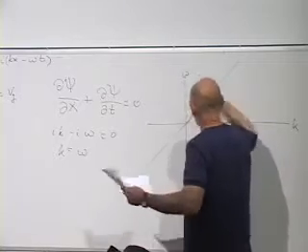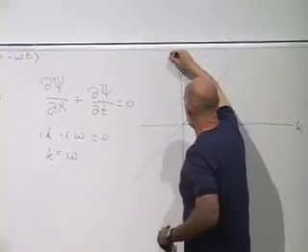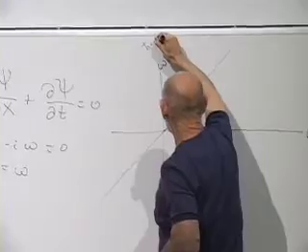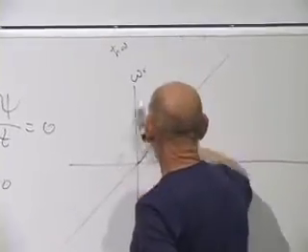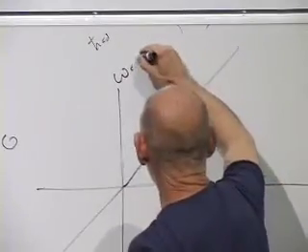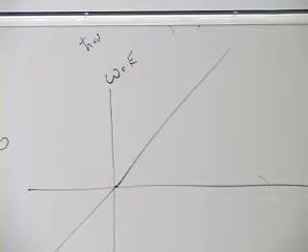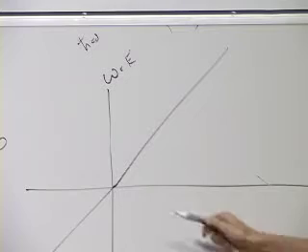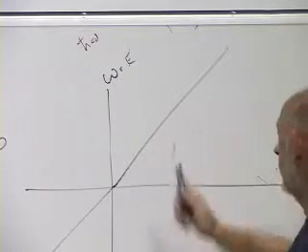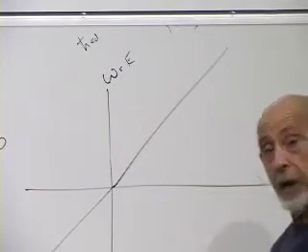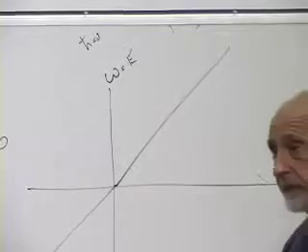And of course, if h bar is equal to 1, then omega is also the energy of an individual quantum. So over here on this branch, positive k, we have positive energy. Over here on this branch, we have negative energy. Negative energy electrons.